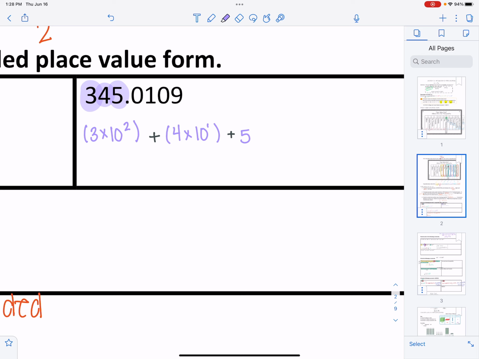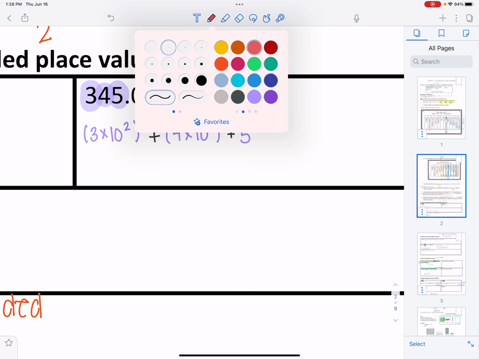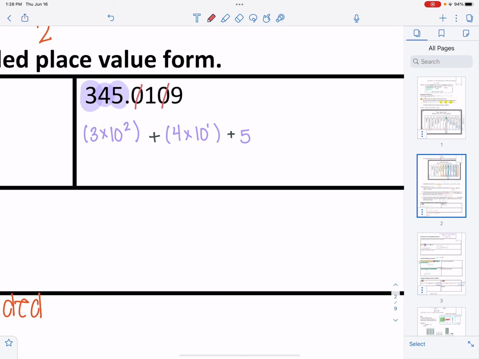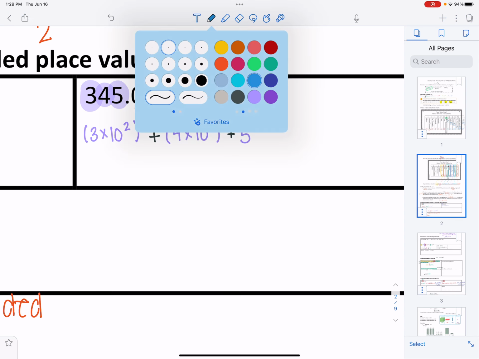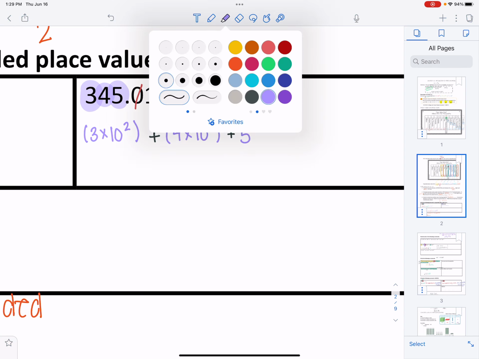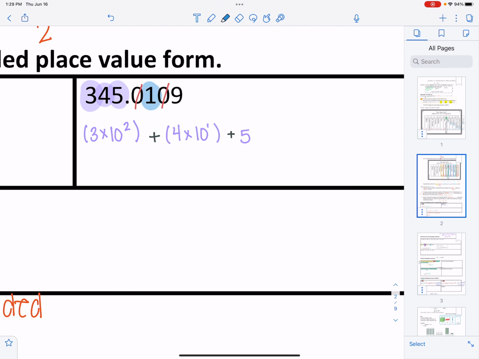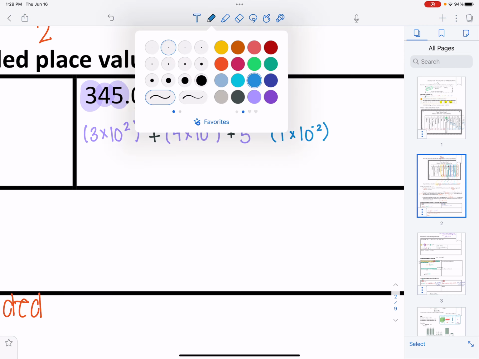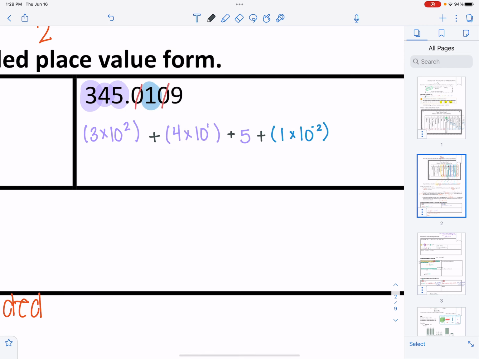To the right of the decimal is going to be our negative exponents. And remember, we're not going to write the zeros. So the first one we're going to start with is the 1. Now, that's not in the first spot. It's in the second spot after the decimal. So it's going to be 1 times 10 to the negative 2. Even though we didn't write the 0, we still have to skip that place value.